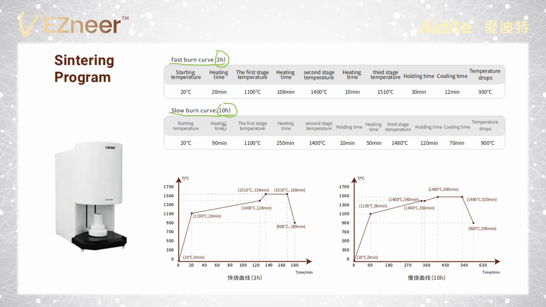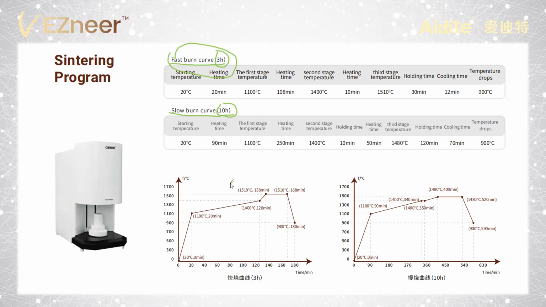And because EZneer is used for single parts, like a single crown or single veneers, it's not like a long bridge. So usually when I make veneers with EZneers, I prefer to use the fast sintering curve because it's very quick and also gets a good result.